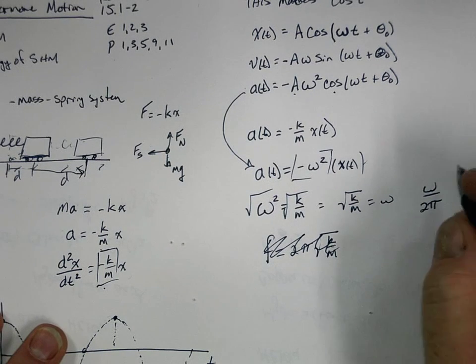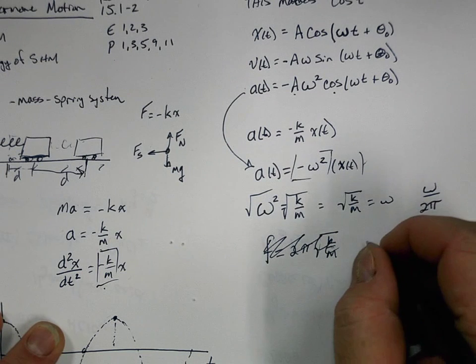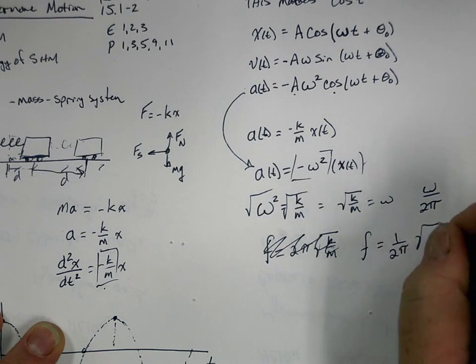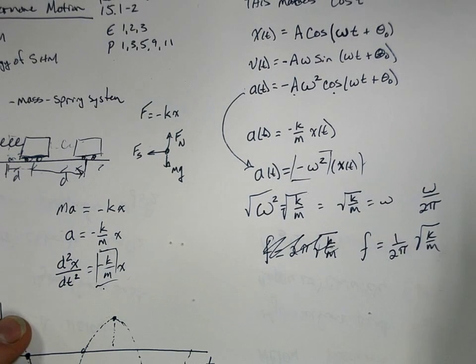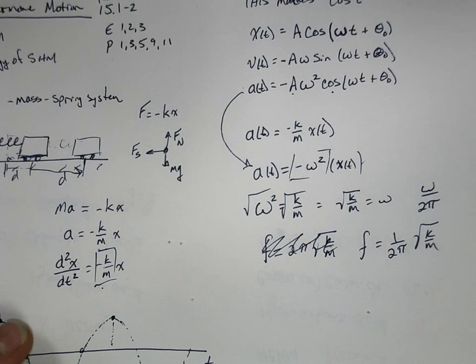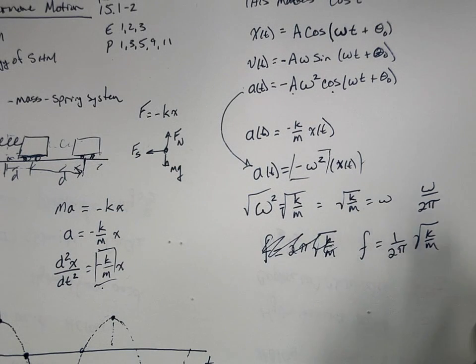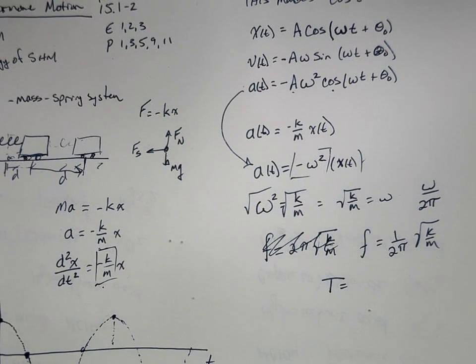Okay. So if we divide our number of radians by 2 pi, that's going to give us how many cycles we have. Okay, revolutions, right? Cycles, revolutions, same thing. So frequency becomes 1 over 2 pi root k over m, or our period, we call it big T. This is period.